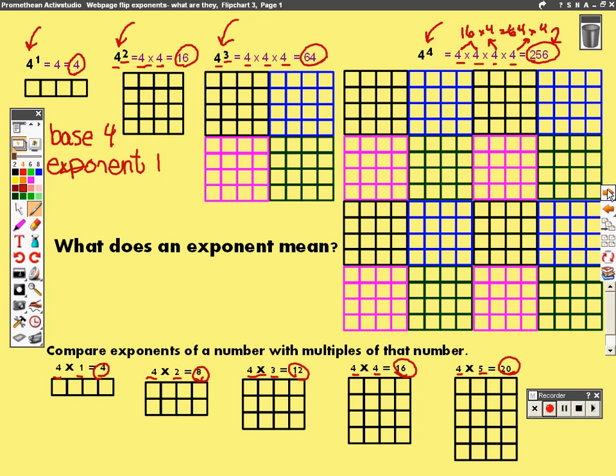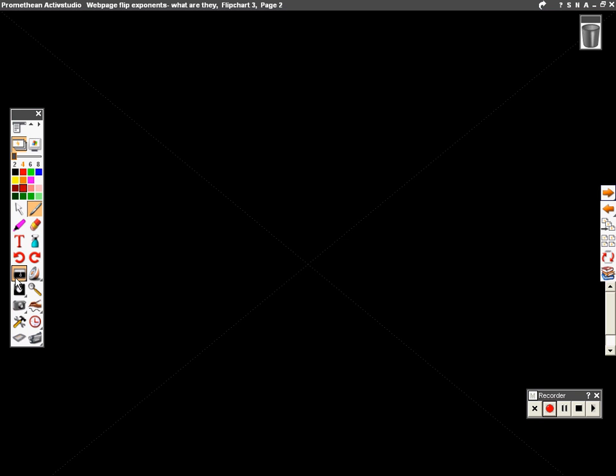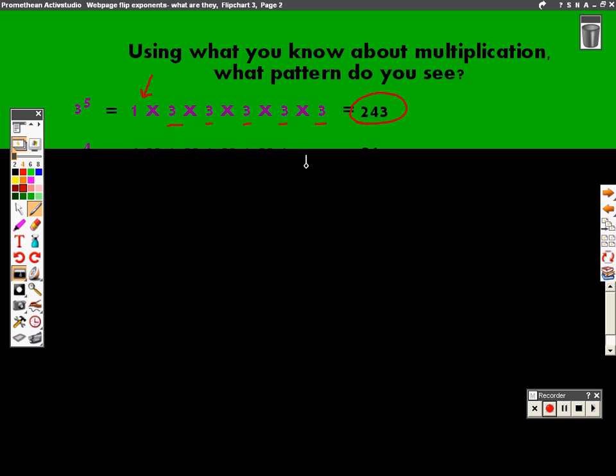All right. Moving right along, go ahead and take a look at this flip chart. And you'll notice that there's a pattern that develops. We see 3 to the fifth power. We multiply 3 by itself 5 times to get 243. Now I tagged onto the side here the multiplied by 1, and you'll see why in just a moment.